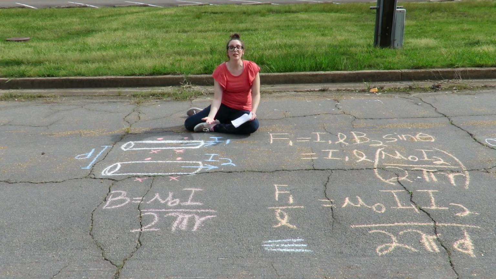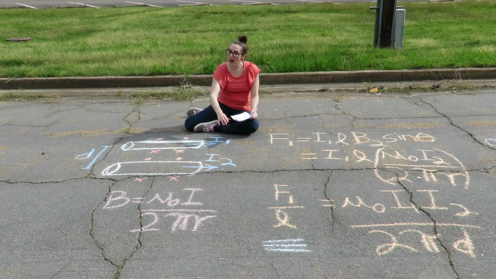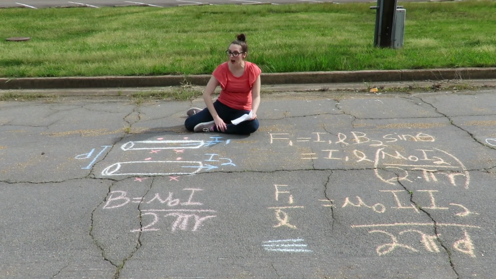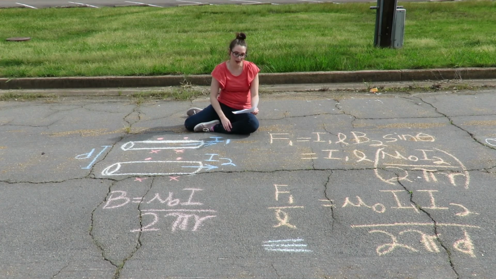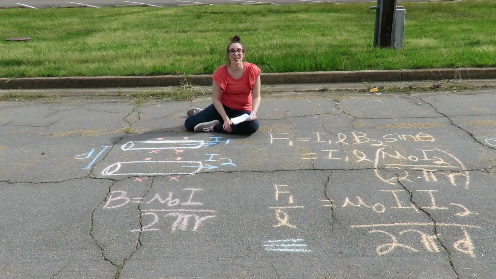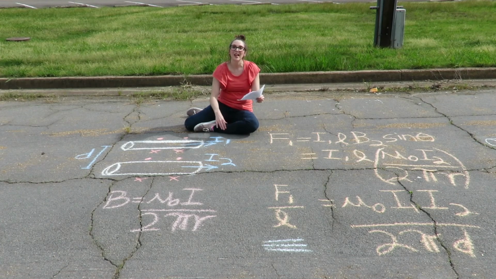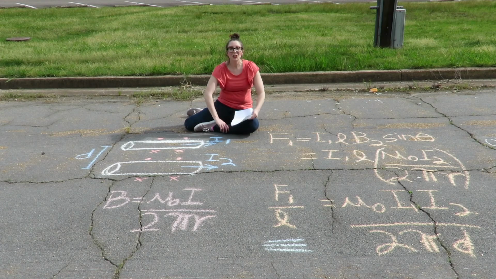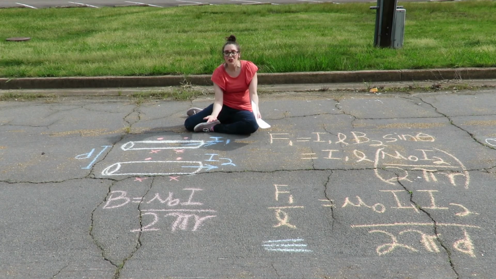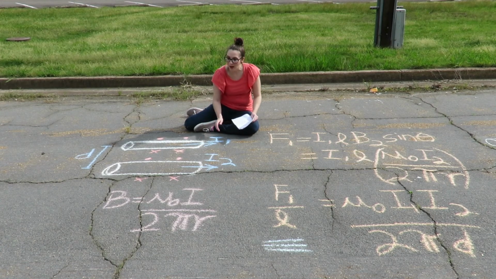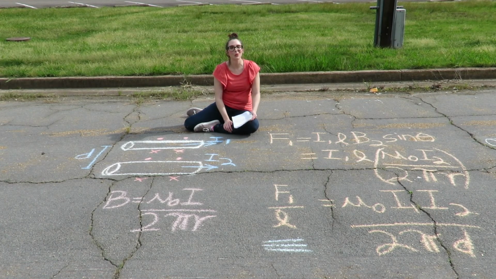So to truly define the ampere, if we have two long parallel wires separated 1 meter apart and they carry the same current, and if the magnetic force per unit length on each wire is 2 times 10 to the minus 7 newtons, then that current is defined to be 1 ampere. And so that's how we arrive at the definition for what 1 ampere is, and in order to do that, we have to think about our parallel wires and currents running through them.